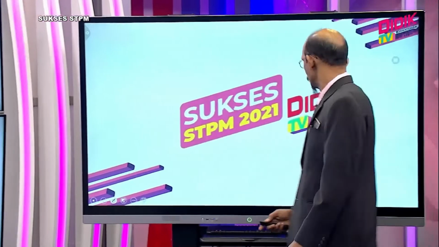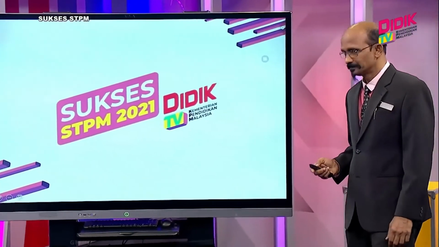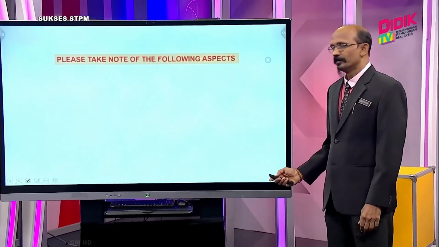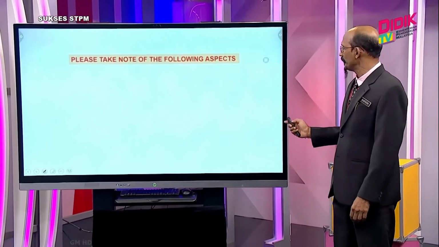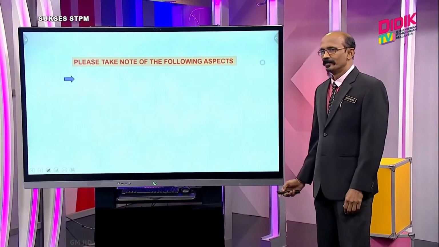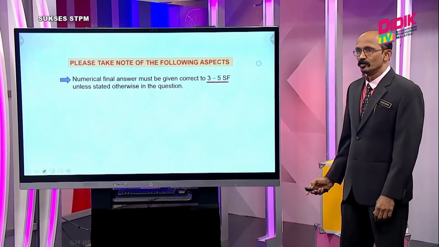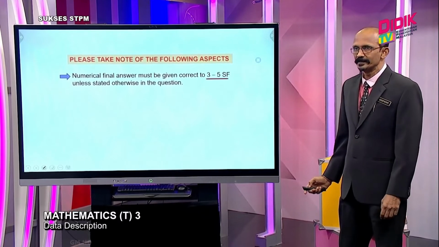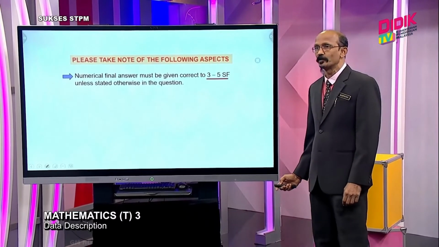So students, before we continue with our first chapter, let us see a few points first. Please take note of the following aspects. Aspect 1: numerical final answers must be given correct to 3 to 5 significant figures unless stated otherwise in the question.